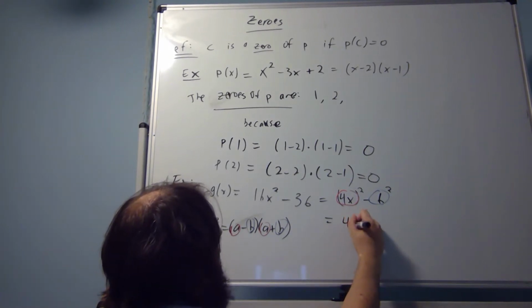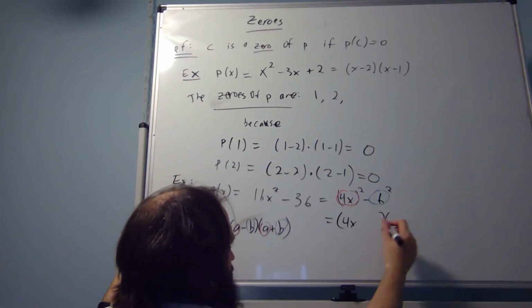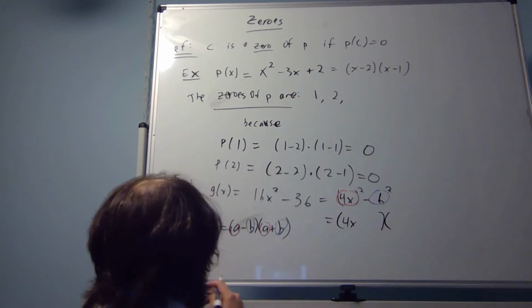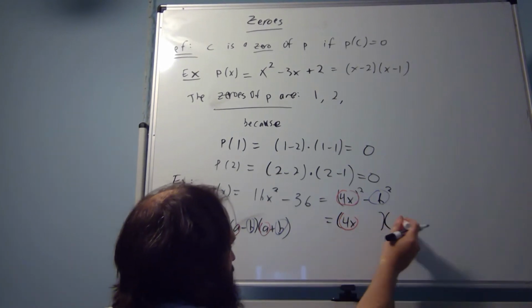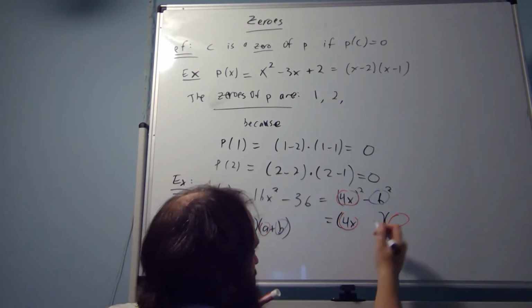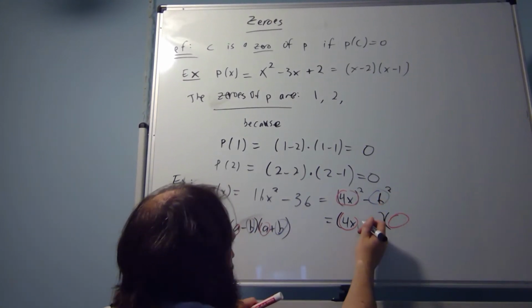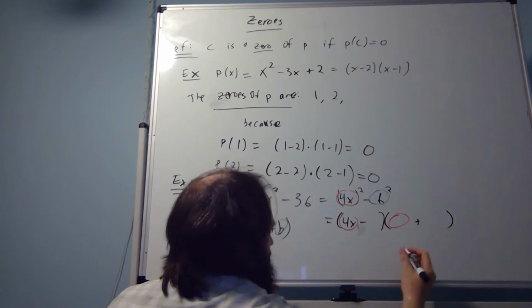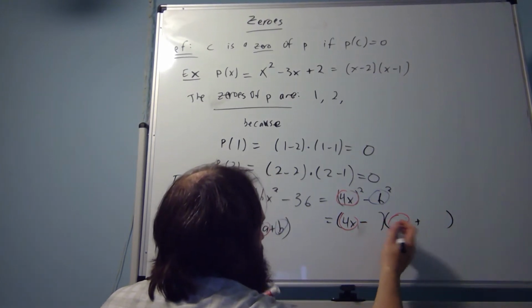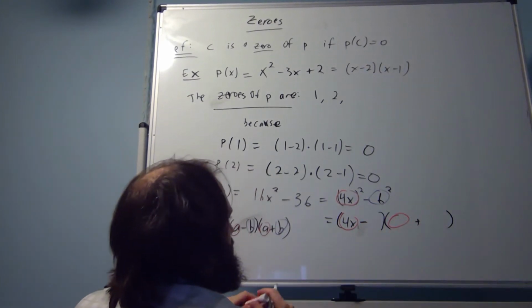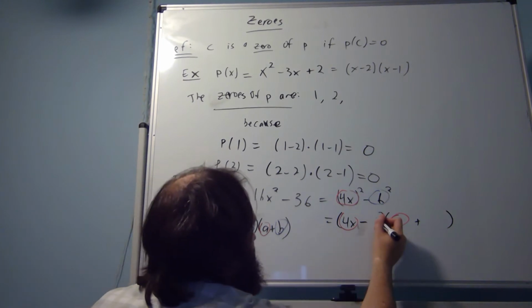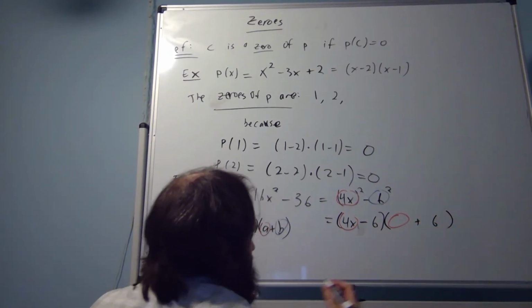So we get 4x. Let's just use a little bit of red here. 4x plus something, or I wrote it in the other order, but anyways, one of them is minus, the other one is plus. But let's just do it exactly the same: 4x minus 6 and 4x plus 6.